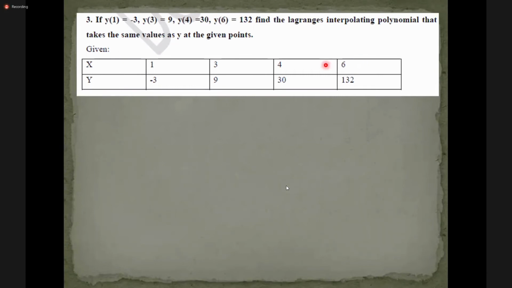We do not replace x there, because we want to find f of x. The question is to find the interpolating polynomial, the polynomial that fits that data. That we have to find first. So we take f of x equal to that, replace the values of a, b, c, d, and f of a, f of b, f of c, f of d, and we get the answer.